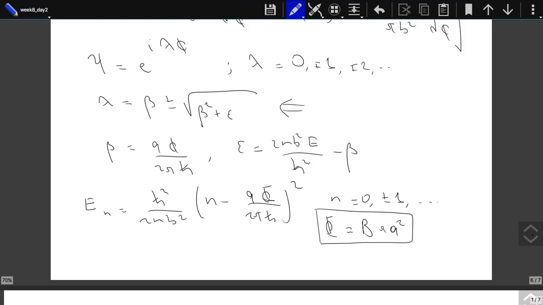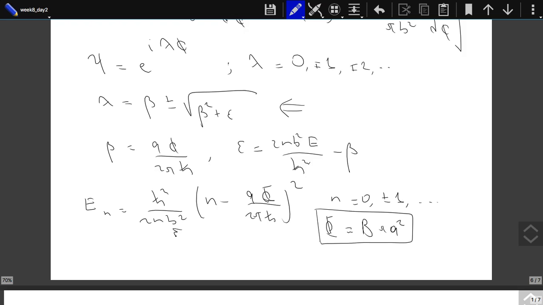So if they depend on flux, how does it... okay, there's b squared. No, there's no b squared. Where? ħ squared over 2 and b squared. This one. I mean, small b squared. No, small b is the radius. It just depends on the size of the magnet.